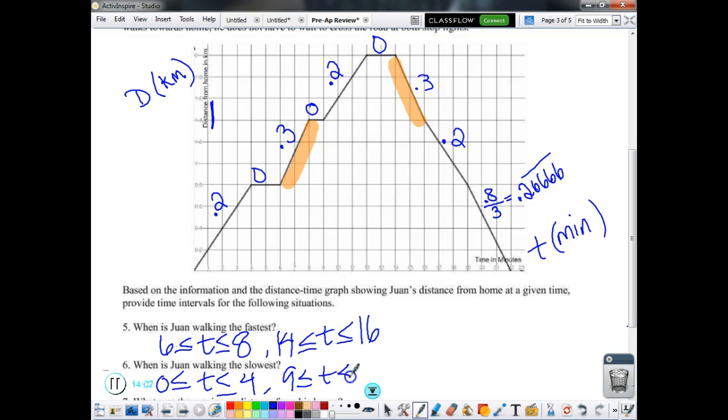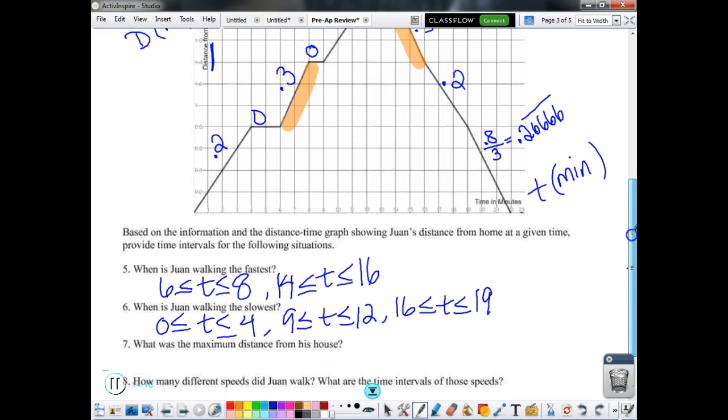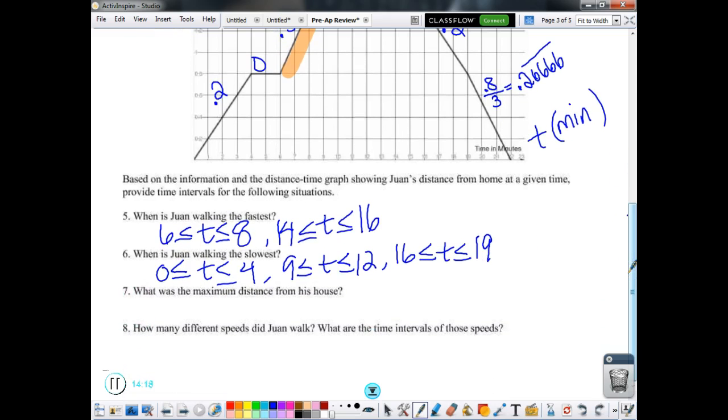And 16 to 19. Okay, so 0 to 4, 9 to 12, and 16 to 19. That is when he's walking the slowest. Okay, can't use 0 because he's not walking. He's just standing still.